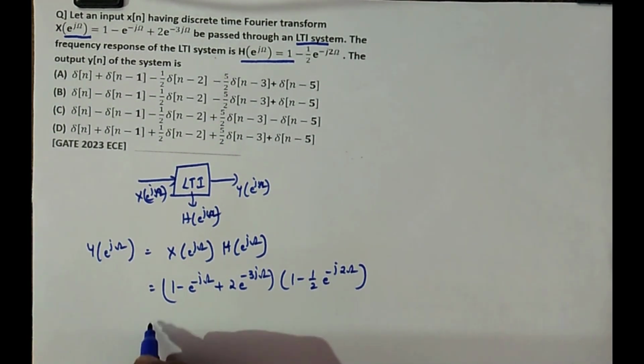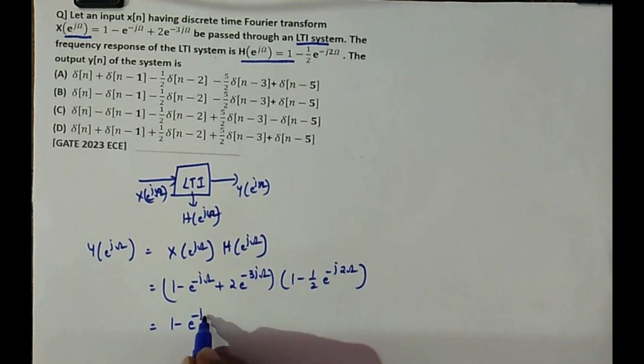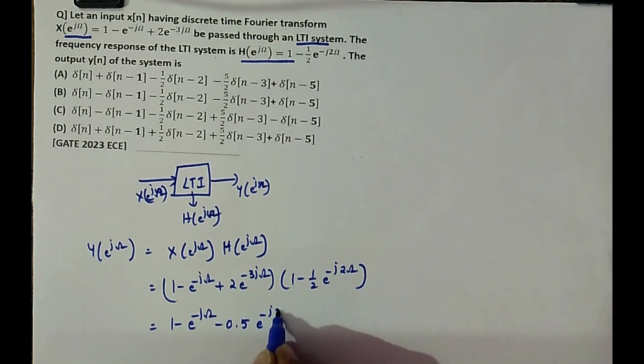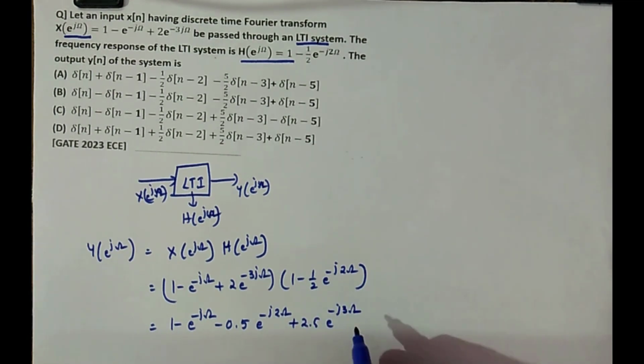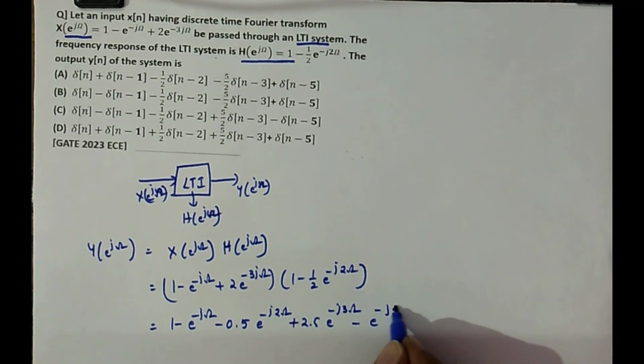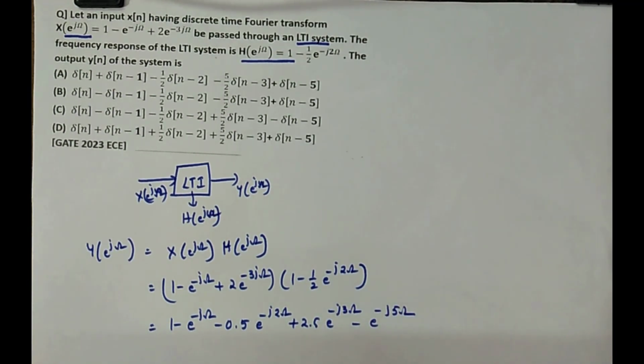Okay, if you multiply, you are going to get 1 minus e power minus j omega minus 0.5 e power minus j2 omega plus 2.5 e power minus j3 omega minus e power minus j5 omega. This is y of e power j omega.